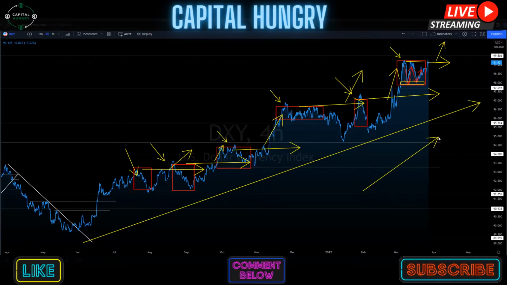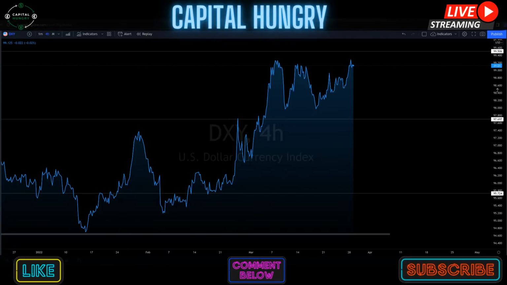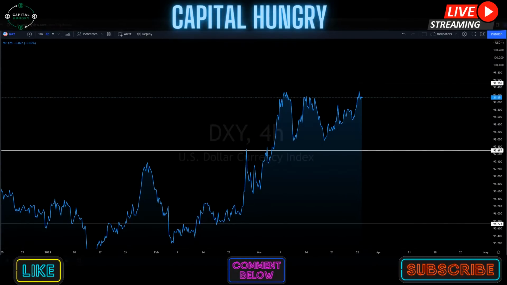So with our dollar pairs, GU, EURUSD, USDCAD, we are looking to start to adapt to some potential dollar strength. What would be even more confirms for us as manual retail traders to take advantage of dollar strength would be dollar index breaking out above 99.2.